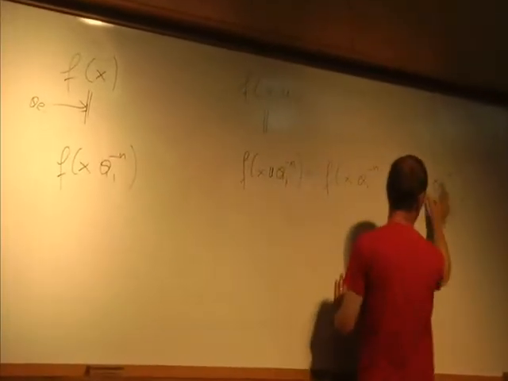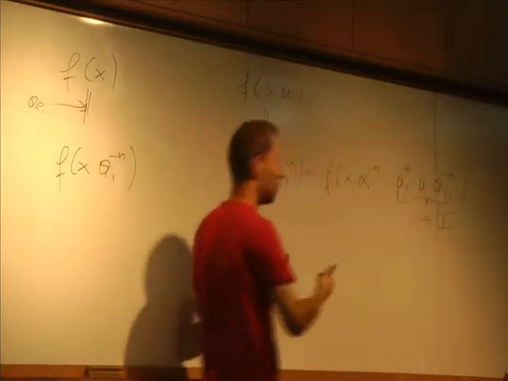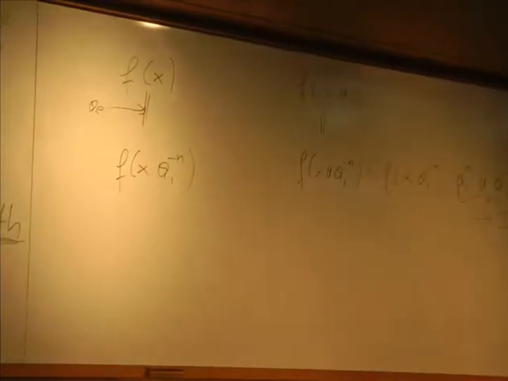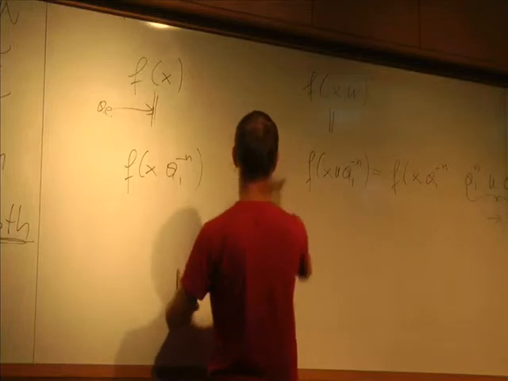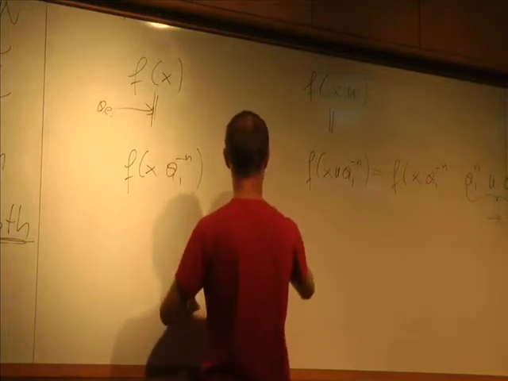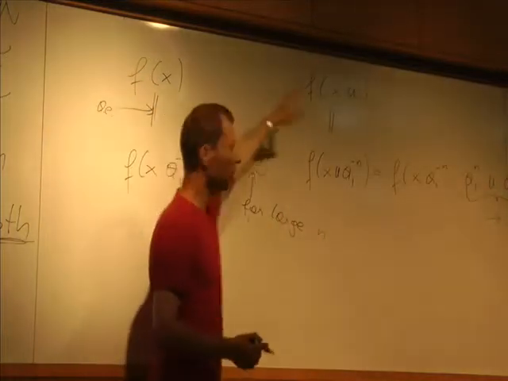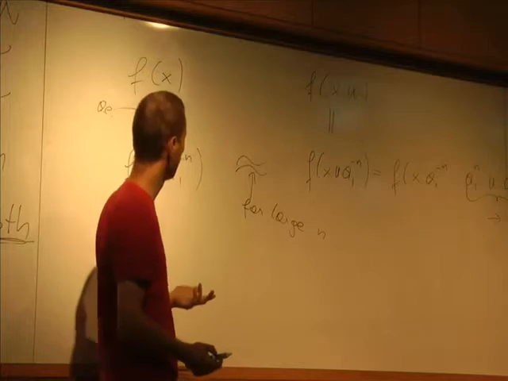But since this is now very close to the identity, and I'm in a compact set where I have uniform continuity, I can say that for large n this is almost the same. But since it's not changing along the way, it's the same all the way, all along.